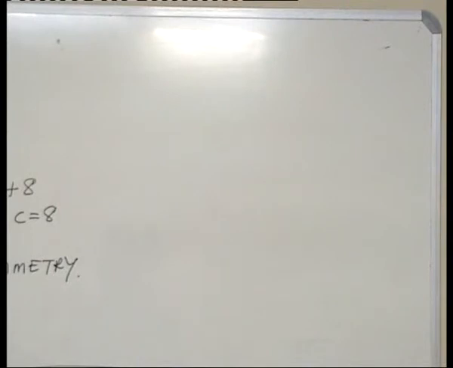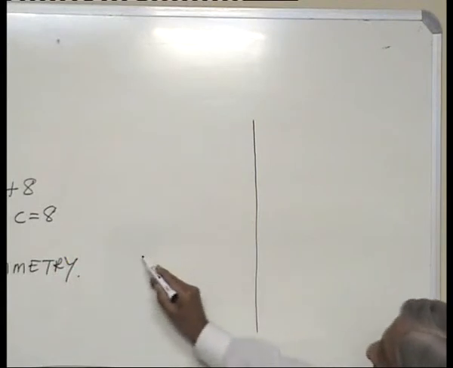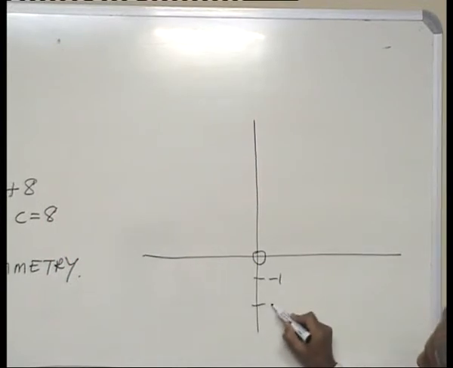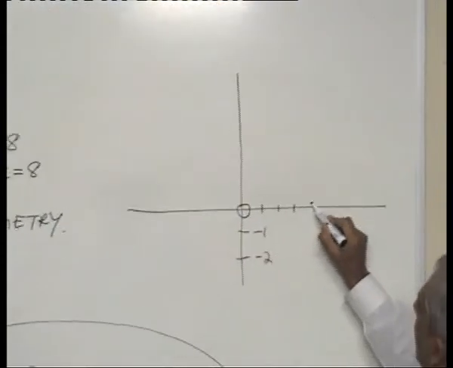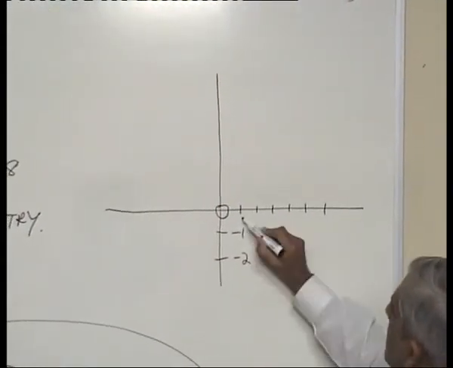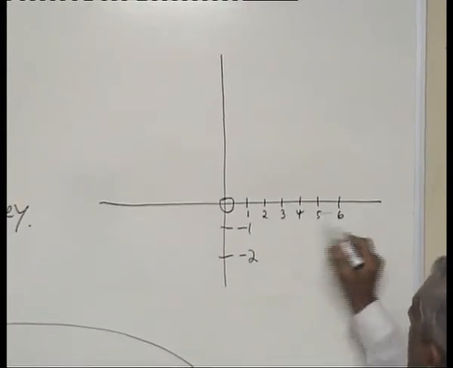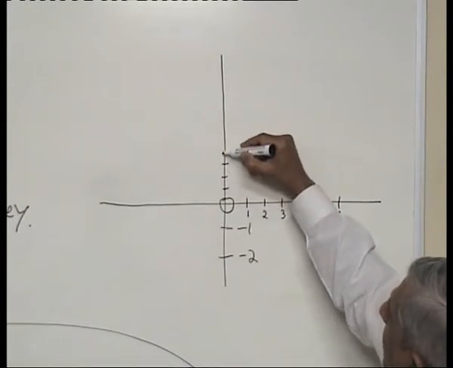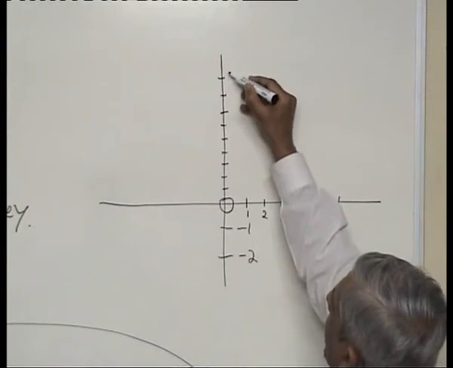Okay, we are now ready to draw a rough sketch. So let's do a system of axes. It's just a rough sketch. There's 0, there's minus 1, minus 2, 1, 2, 3, 4, 5, 6. And up this way we need till 8, so that's 1, 2, 3, 4, 5, 6, 7, 8, 9.